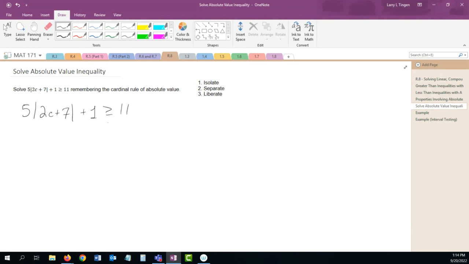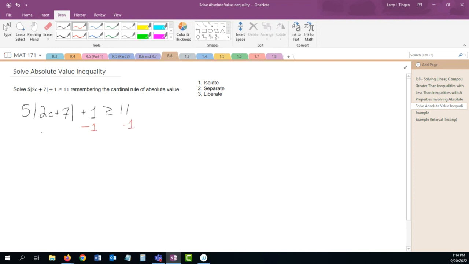I can't multiply or divide both sides. I can't do anything to what's inside those bars until I have just the absolute value is some inequality to something on the other side. So in this case, I'll end up with the absolute value is greater than or equal to some number. So I need the absolute value by itself. It's currently being multiplied by 5 and then having 1 added to it.